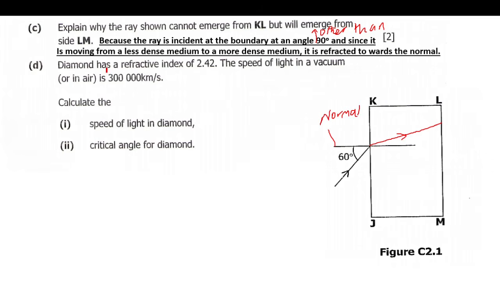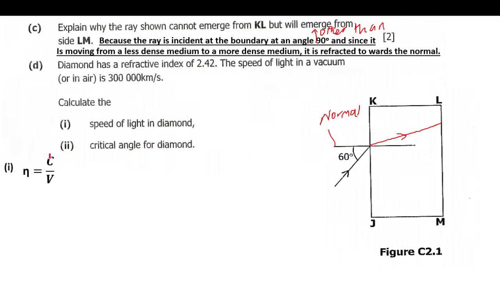They're saying diamond has a refractive index of 2.42. The speed of light in a vacuum or air is 300,000 kilometers per second. Then calculate the speed of light in a diamond. So here we will use another formula which says refractive index is equal to speed in vacuum over speed in material.